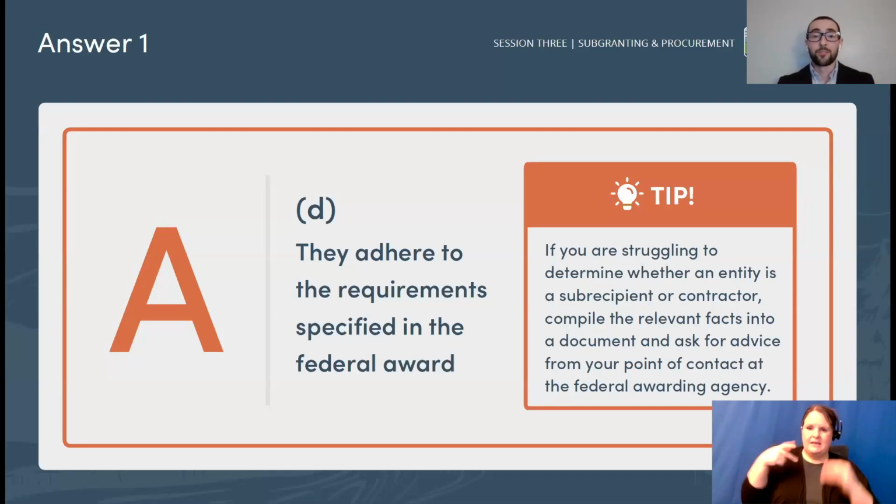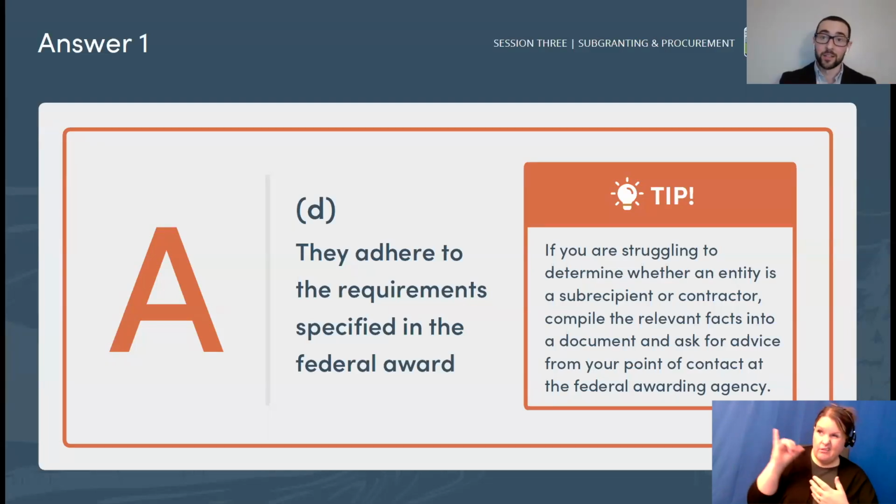And if you're struggling to determine whether an entity is a subrecipient or a contractor, it's important that you maybe compile the relevant facts, right? Delineate the situation, and send it to your point of contact at the federal awarding agency and ask them, hey, does this sound to you like a subrecipient, or do they sound more like a contractor, right?